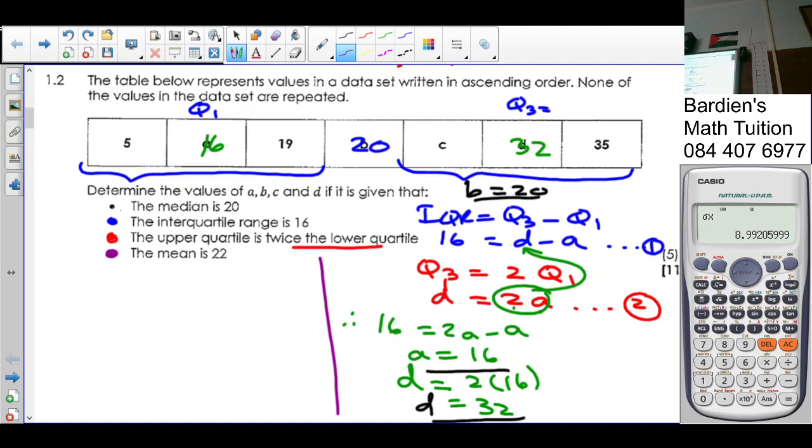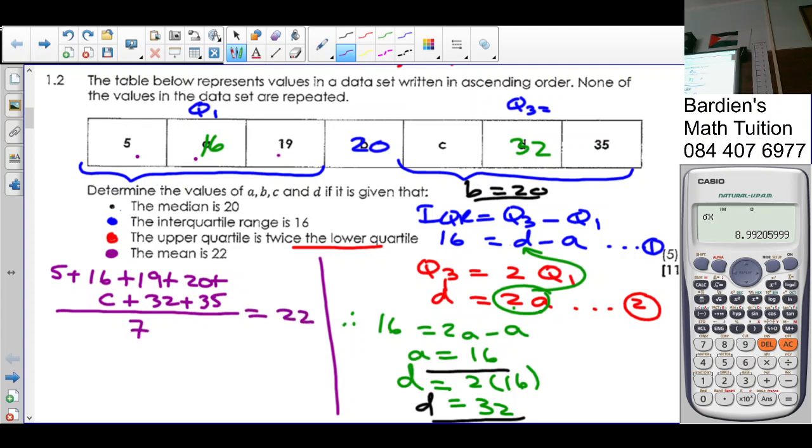So this would simply be 5 plus 16 plus 19 plus 20 plus C plus 32 plus 35, and it's all over. How many values are here? 7. It's going to give you a mean of 22. Can you see that, people?